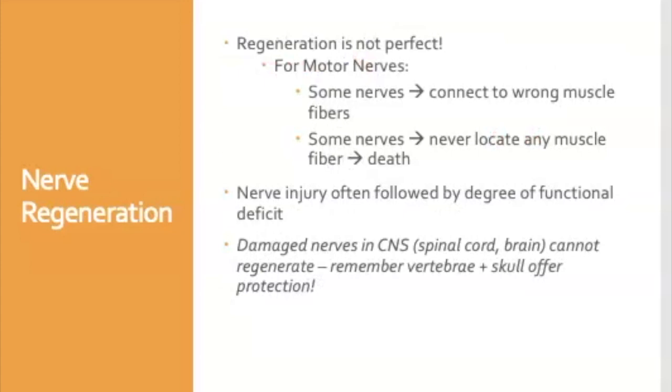The other thing to know is that sometimes nerve regeneration goes wrong. It actually goes wrong quite a bit. Again, if you think about motor nerves that are coming down from the central nervous system and contacting motor effector cells, sometimes during nerve regeneration, the sprouted processes are connected to the wrong effector cell, maybe the wrong muscle cell.